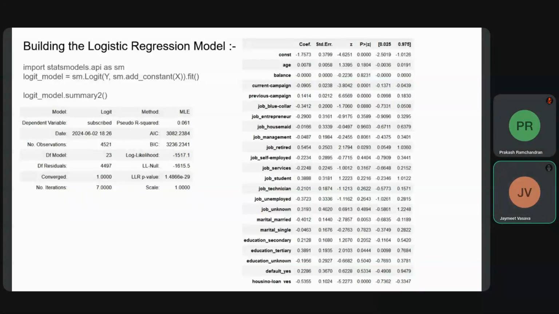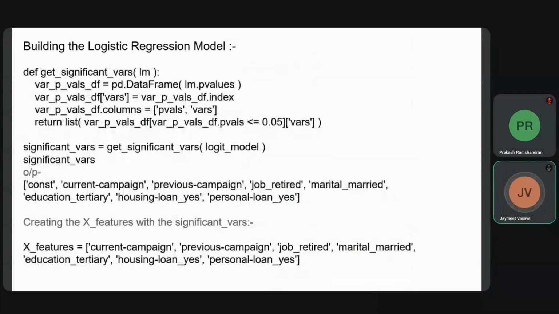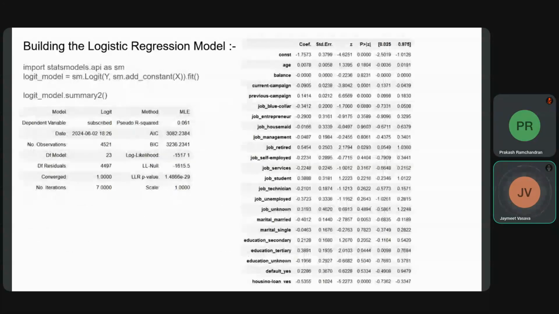So there are many features, and we would like to find the more significant ones. We'll define the significant features, getting them from all the columns that we used as independent variables.